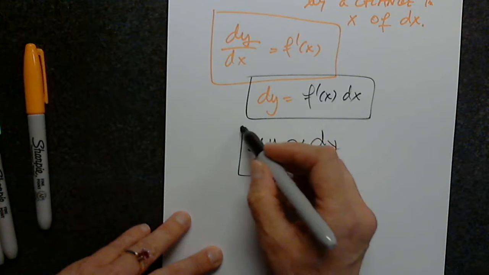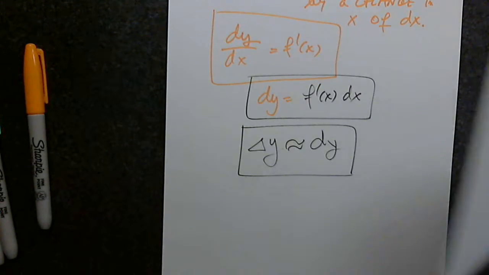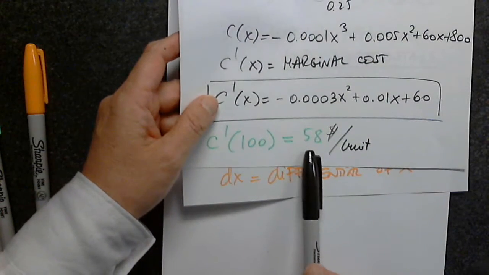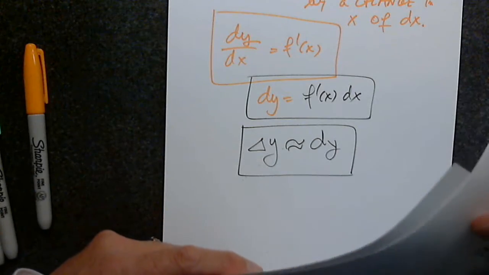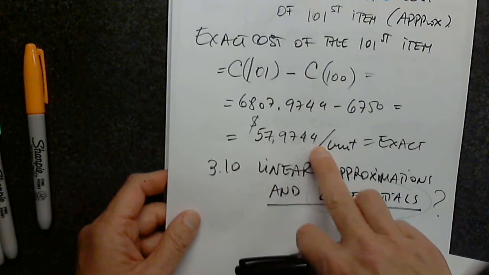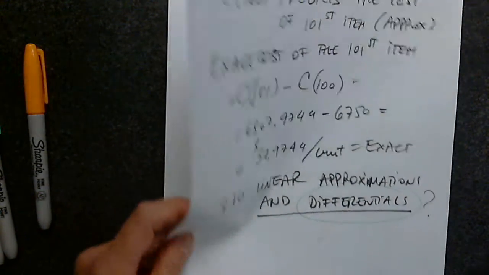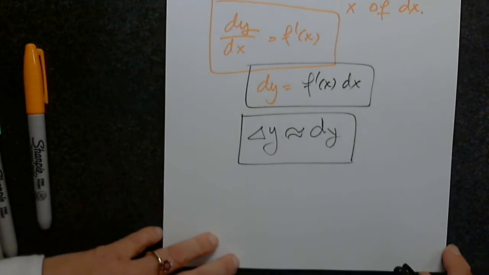And this is a very important relationship. We illustrated it with an example, right? We got that dy was 58, and we got that delta y was 57.9744. So obviously these two are quite close to each other.